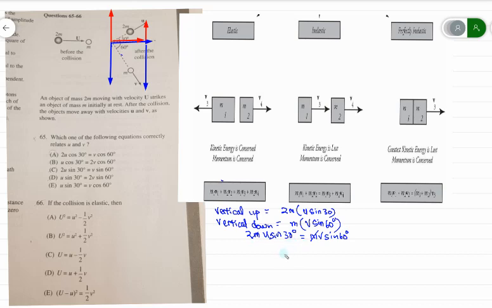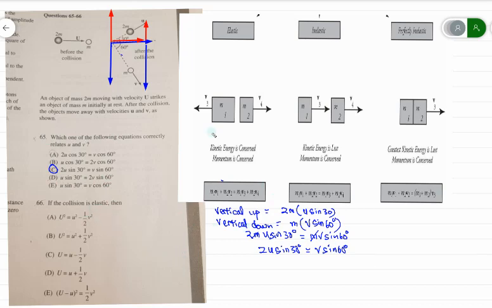Then you get 2 u sine 30 equals v sine 60, which is C. Now let's go to the next.